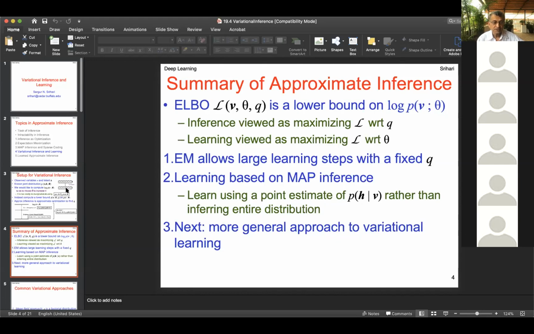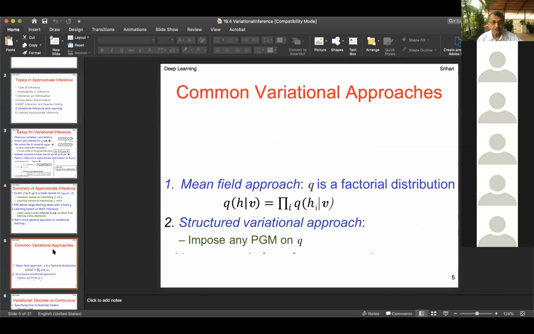So we go to these more general approaches. What are some common variational approaches? Somebody says, I'm using a variational approach to learning with my network. That would involve choosing some Q that you use in order to estimate probabilities and to change the values of theta, the weights. The mean field approach is again coming from physics.